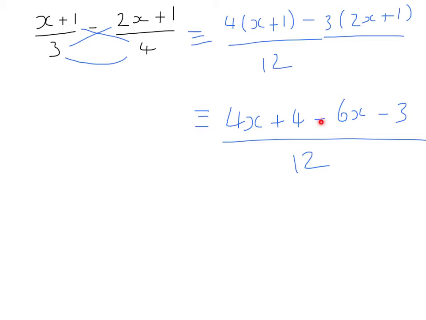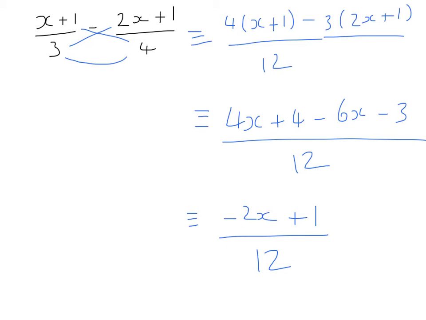So I can simplify this top term now, the top expression, the numerator. 4x subtract 6x is negative 2x, and 4 subtract 3 is positive 1, and that's all over 12.